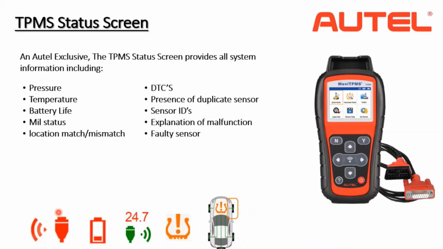All these points or all this information can be displayed on a single screen on Autel TPMS tools. That's the major advantage of using an Autel TPMS tool. And all the information is shown with different color-coded icons, which lets the user identify the problem or understand the system much more easily.